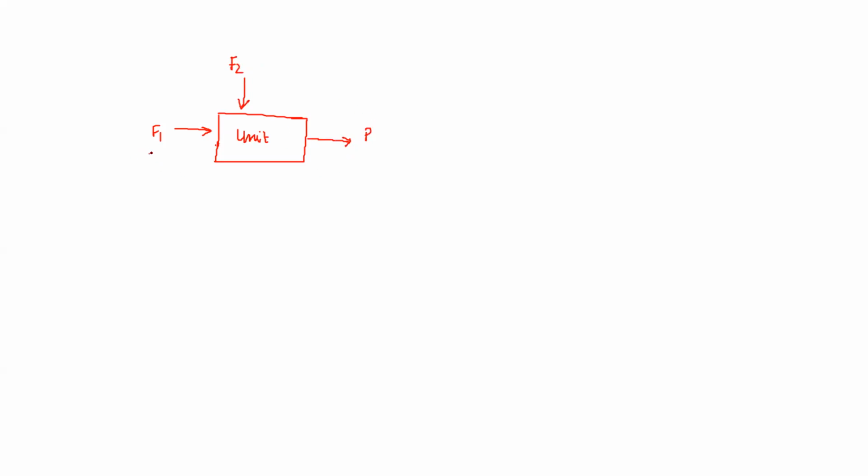And then let's say this feed stream has components A and B. The mass fraction of A in F1 is X1, the mass fraction of A in F2 is X2, and the mass fraction of A in P is X. In that case, we can form a minimum of two equations, and then we can form equations based on the number of components.